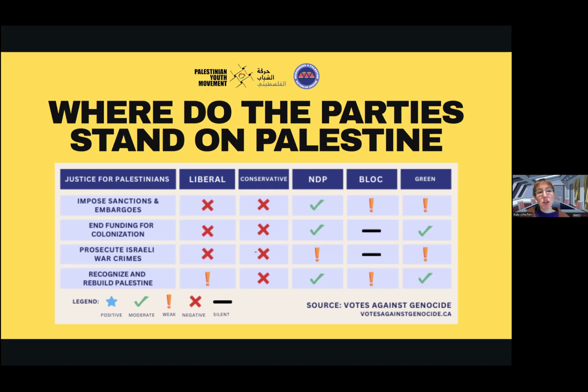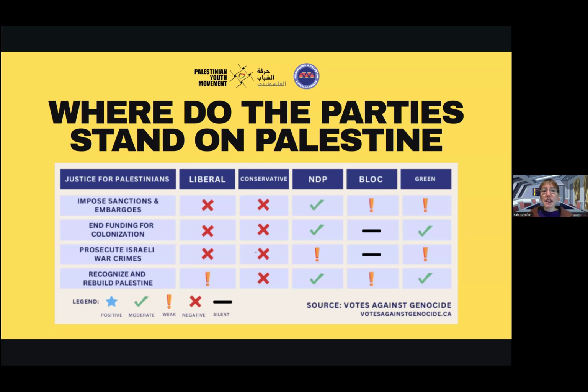First, I want to start by talking about the legend and what you see here. The slide we're looking at now is the party stances. These party stances we took from the Votes Against Genocide campaign, and you can visit their website for more information on how they came up with these scores. But I want to explain the symbols.